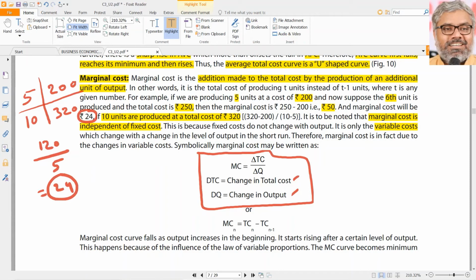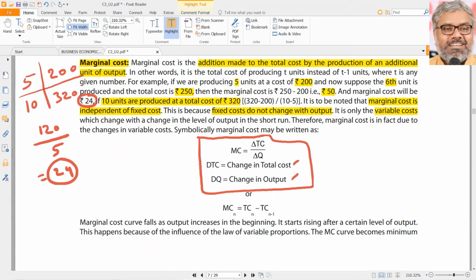It will change because of variable cost when there is an increase or decrease in output. So fixed cost will not change with output. What changes is only variable cost. So the impact of variable cost will be more on the marginal cost, and the impact of fixed cost will not be there because marginal cost is independent of fixed cost.